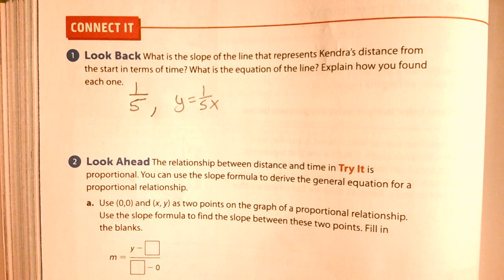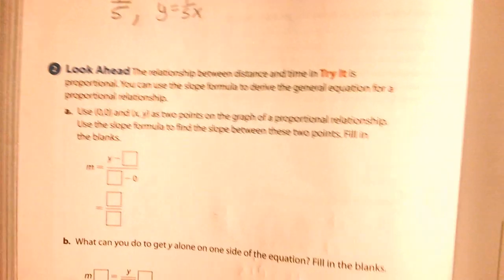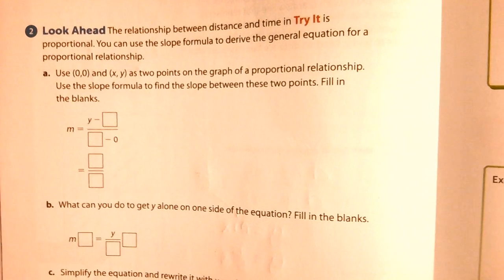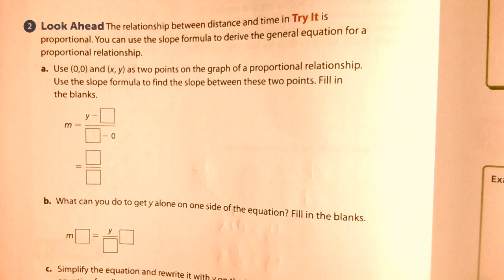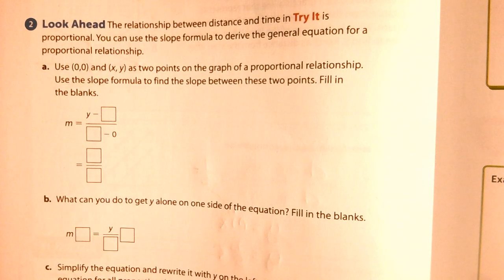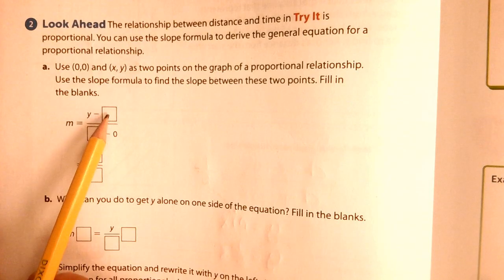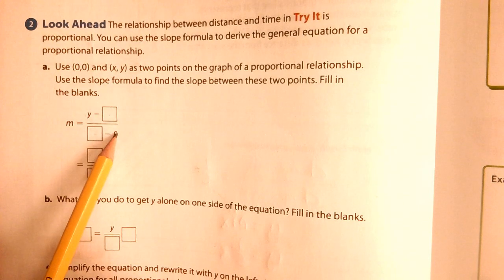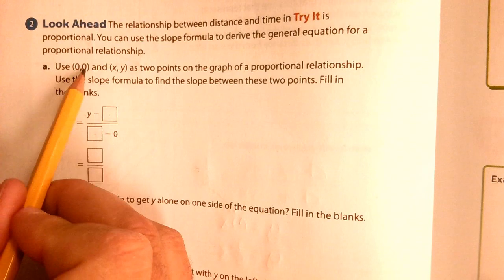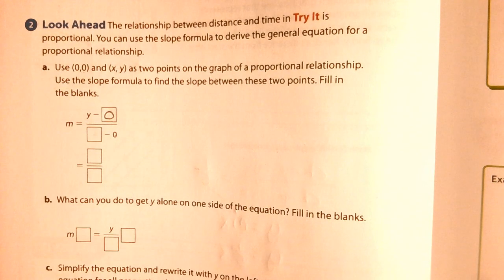All right. So now we're going to go down here, and this is going to be showing you how we come up with y equals mx. It says use 0, 0 and x, y as our 2 points. If you remember, our slope formula is y sub 2 minus y sub 1 over x sub 2 minus x sub 1. So our y sub 1 is 0, so I'm going to put a 0 there.